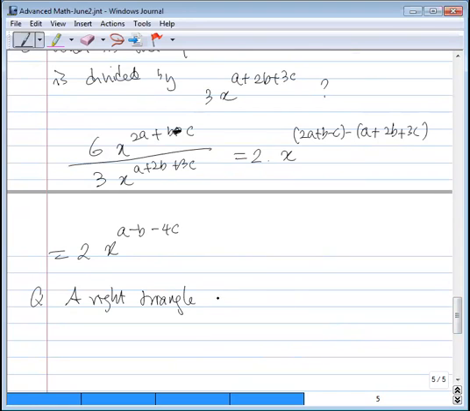A right triangle, this geometry problem, has hypotenuse 75 cm and one leg 45 cm. What is the length of the altitude to the hypotenuse?